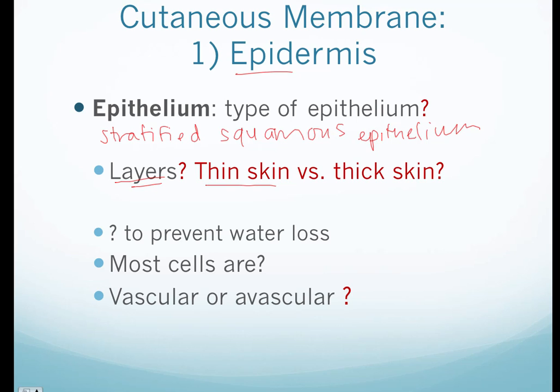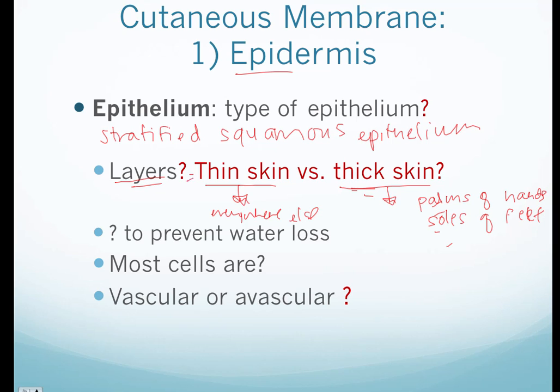We have thin skin and we have thick skin. Thick skin is the palms of your hands and the soles of your feet. Everywhere else is pretty much going to be your thin skin. A lot of times, the calluses that you develop are also areas where you get thick skin.